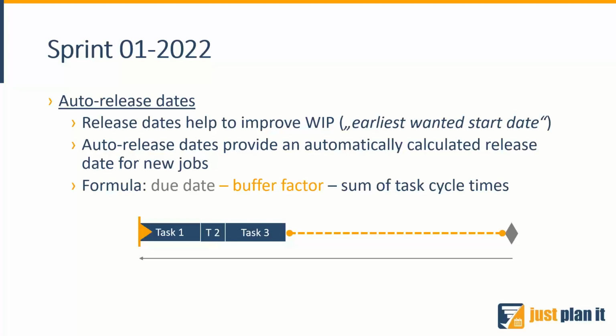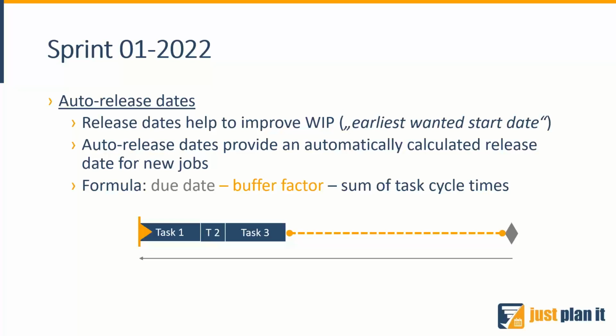And exactly for such a situation, this is what auto release dates are made for. You can see them in the sense that the system automatically sets a restriction to get scheduled starting and end dates of tasks in an earliest wanted sense.